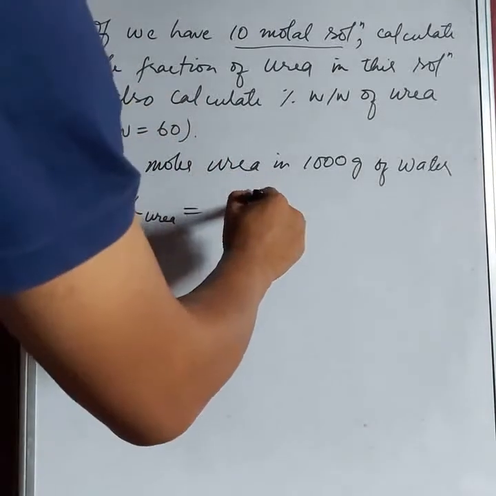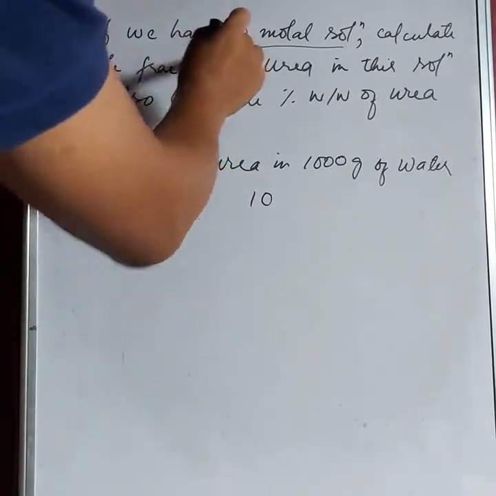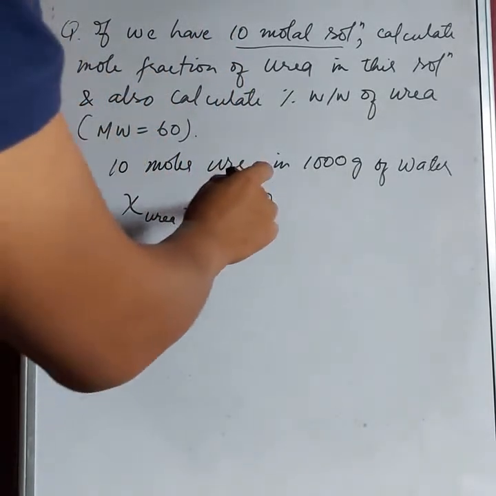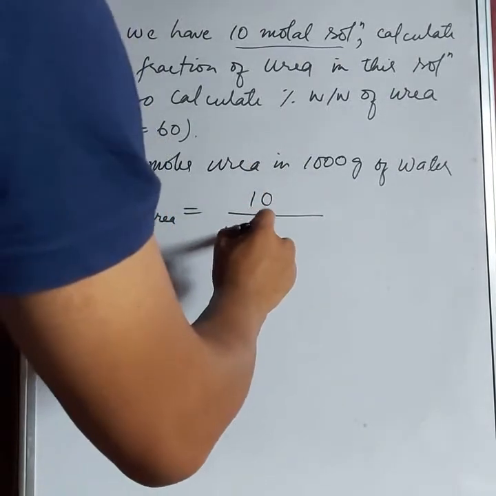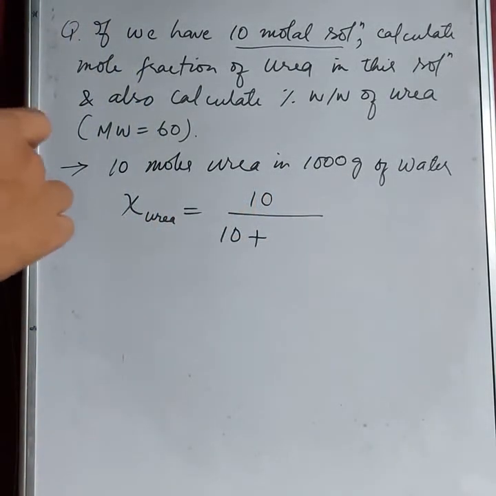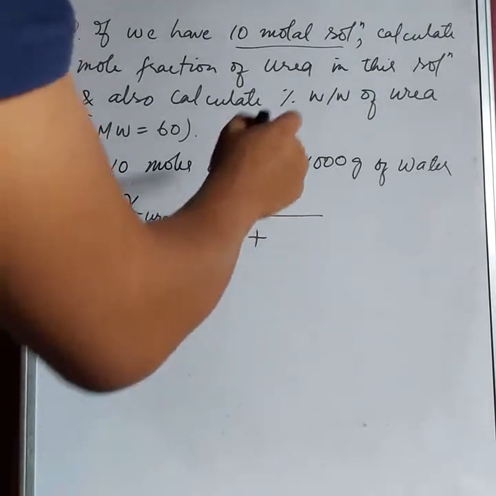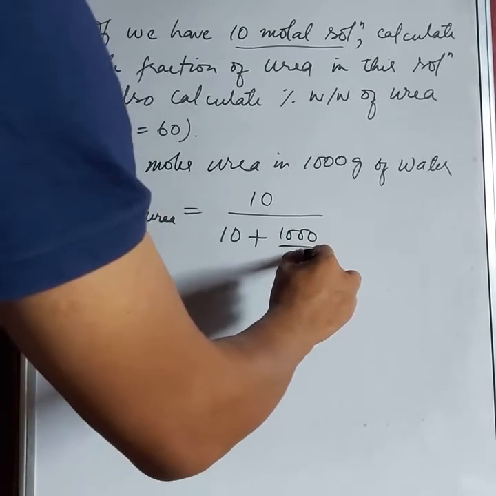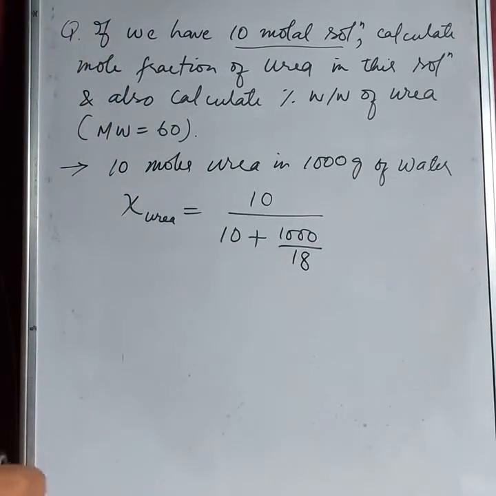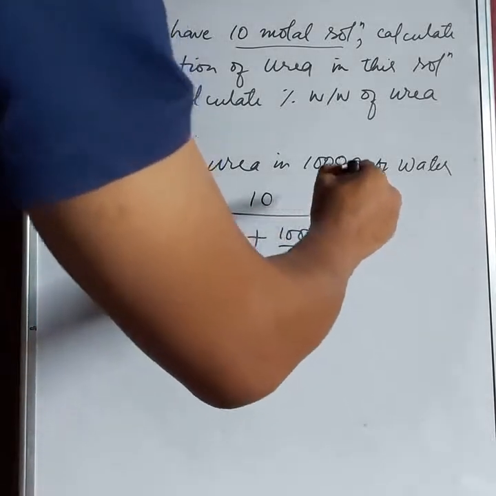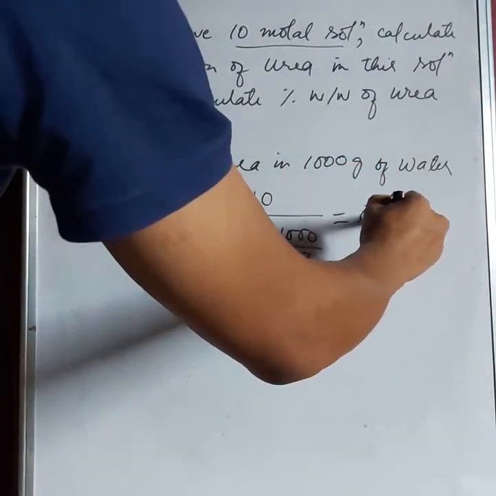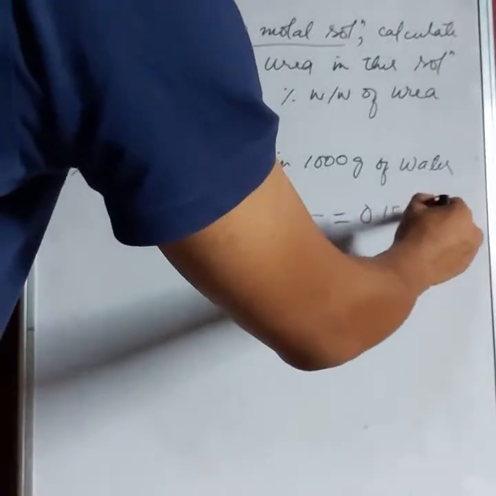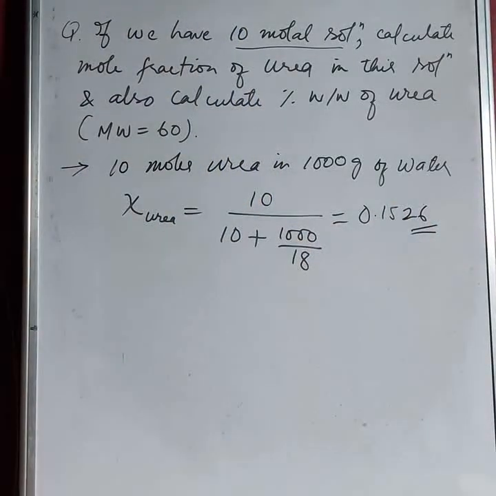They've given us 10 moles of urea, so the mole fraction of urea is 10 divided by 10 plus, for water, 1000 grams divided by the molecular mass of water, which is 18. If you calculate, that gives us 0.15 to 6. So that is our mole fraction of urea.